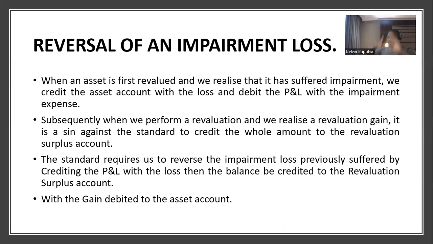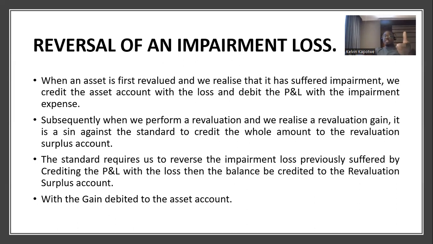Let me use an example, I'm confusing myself here. If, for example, we recorded a 5,000 impairment loss, which we posted to the P&L, what we are going to do is credit the P&L to cancel that loss, and then we are going to debit which account?